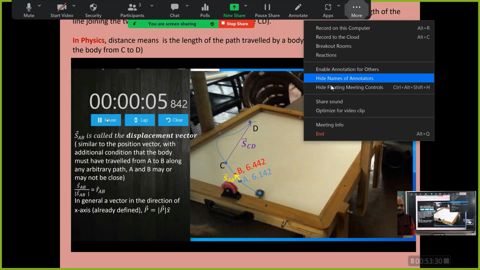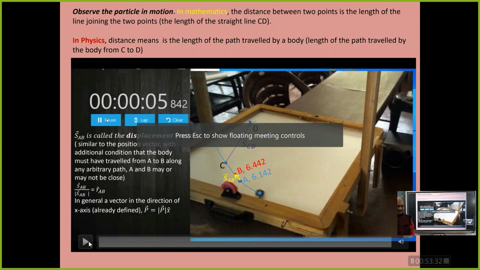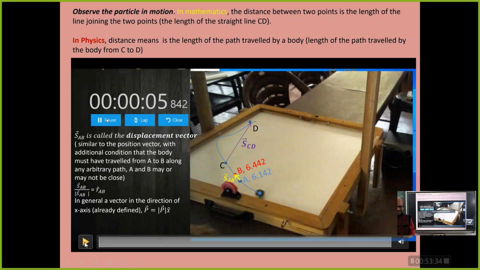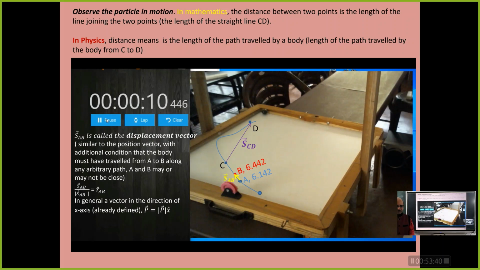Well, the body is in motion. Got it? All these are motion. Now read what I have written on top very carefully. Observe that the particle is in motion.